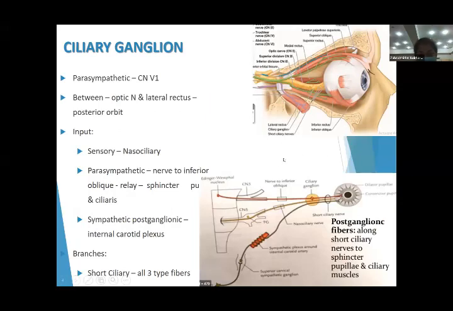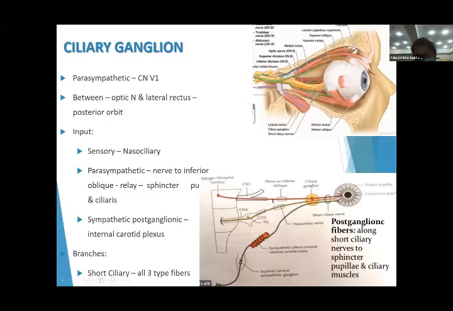The incoming fibers to the ciliary ganglion: the parasympathetic fibers pass through the oculomotor nerve, the inferior division of the oculomotor nerve. From the inferior division, a branch arises to the inferior oblique. These parasympathetic fibers pass with the nerve to the inferior oblique.